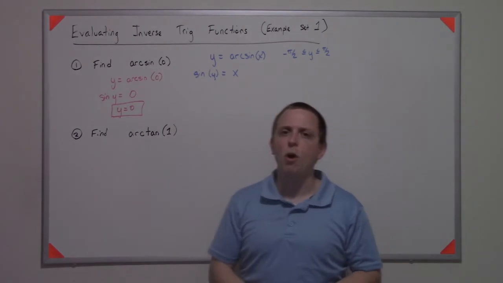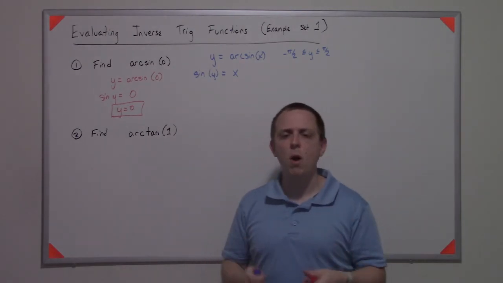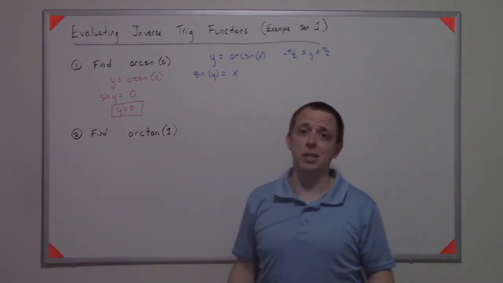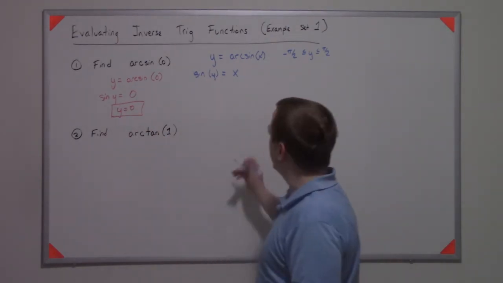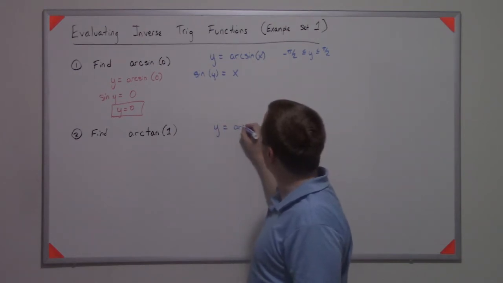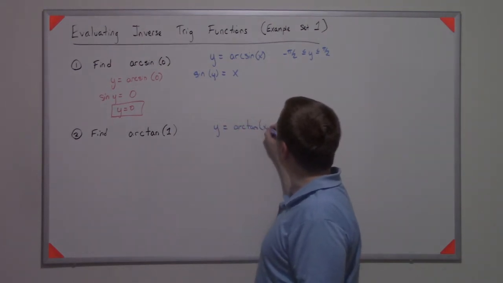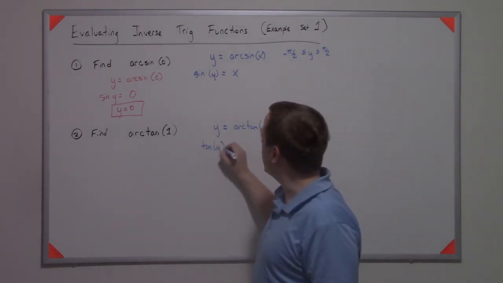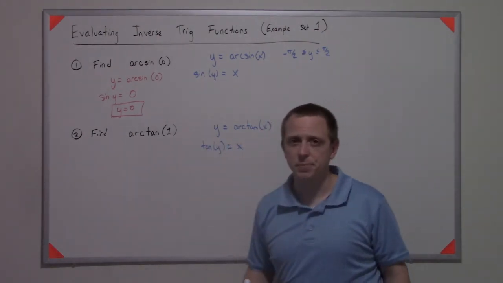But in the case of arc tangent of 1, we do the same process, but we have to be a little more clever because we don't just end up with 0. So we say y is arctangent of x in the case that tangent of y is equal to x. Okay?